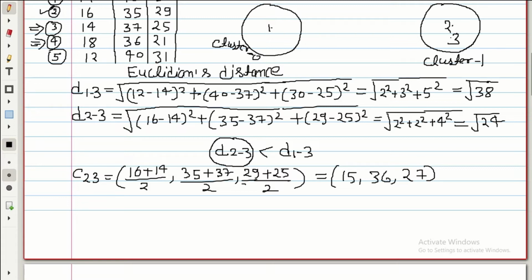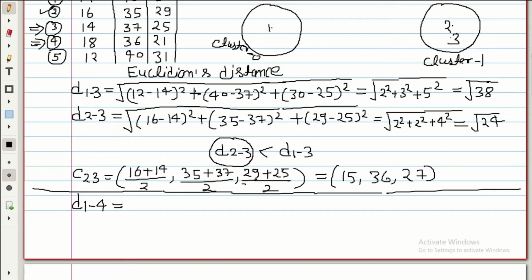So you will calculate the distance D1,4, which is equal to D4,1.